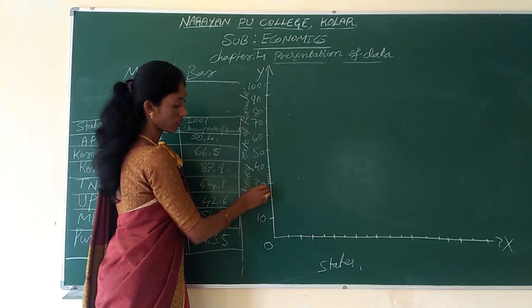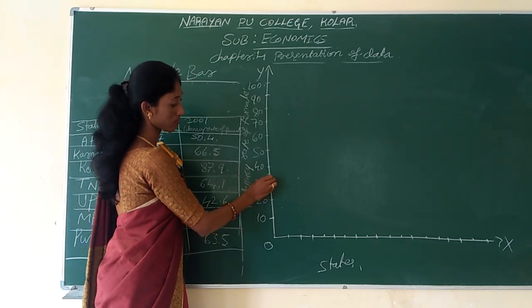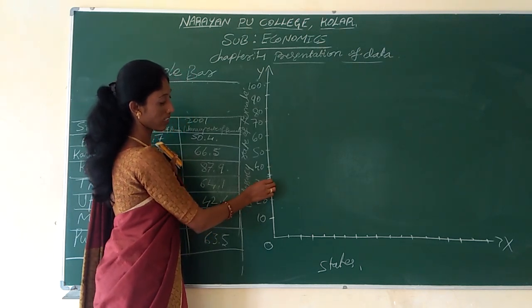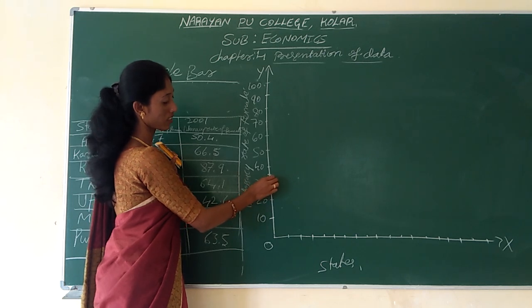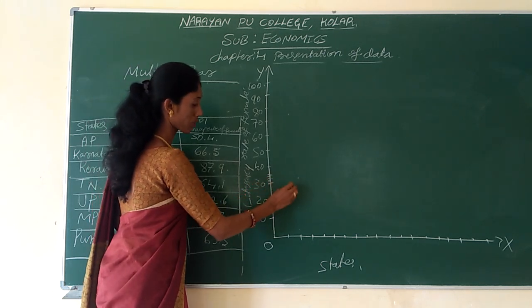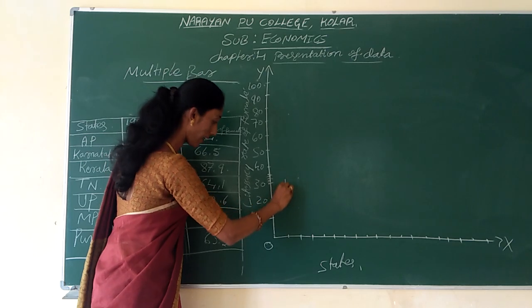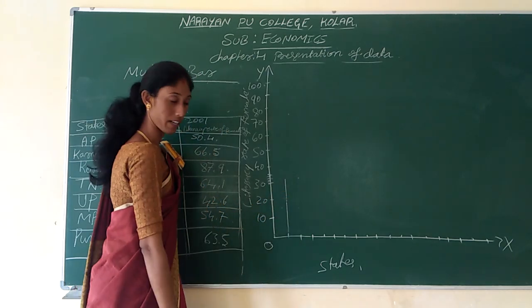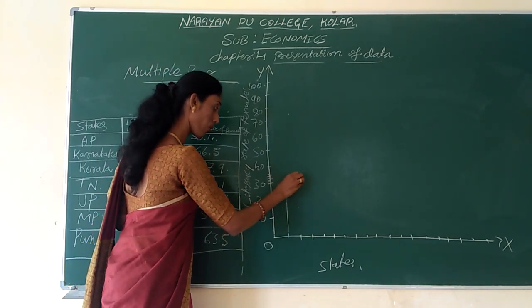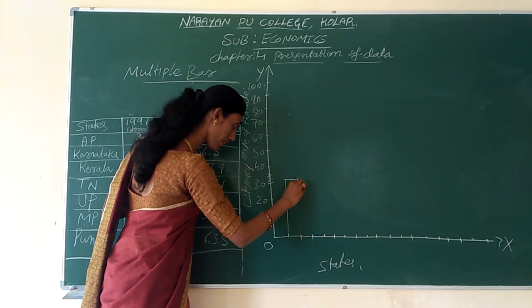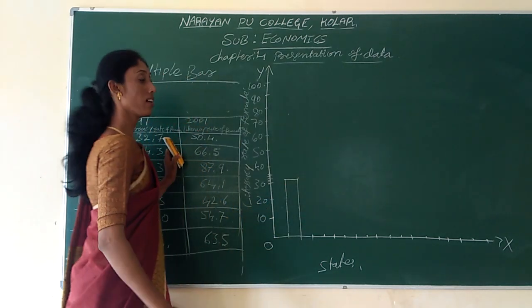See, after 30, take 5 divisions, the number 33 here, and take an expansion of this space and join to the first point and take the same width, and join to the next point.